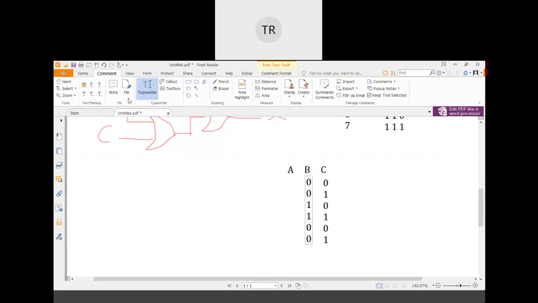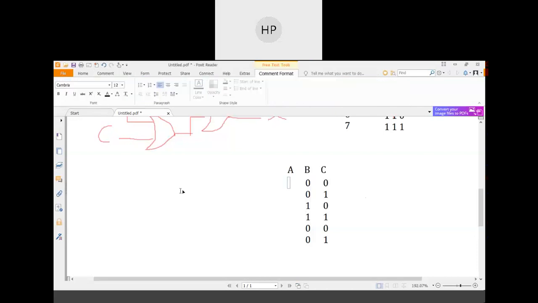Get it? In C you have only one 0 and one 1. Now when it comes to column B, the second column, the values are doubled. So instead of writing 1 symbol at a time, you write 2 symbols at a time.